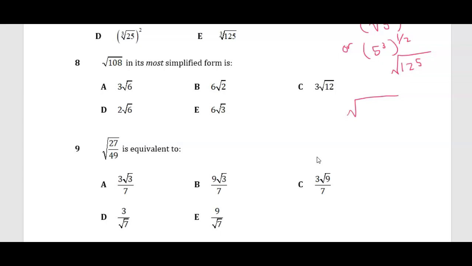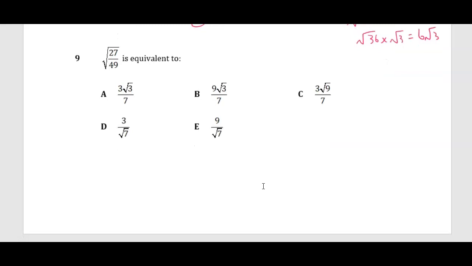So if it's a multiple choice question, you can have a look at the number at the front of the surd, or the integer. And when I saw this 6 here, I thought, well, does 36 go into 108? And it does. So 36 goes into 108 3 times. So then we just separate the 36 and the 3. So we have 6 root 3. So the answer for that one is E.